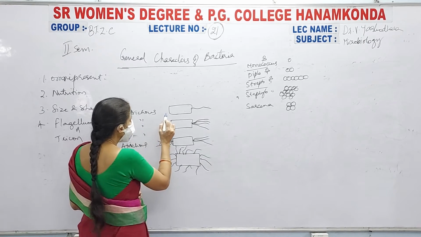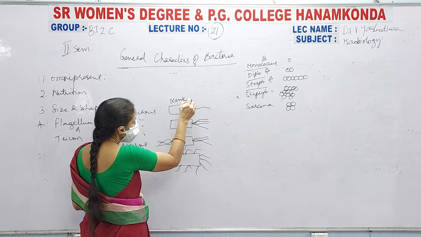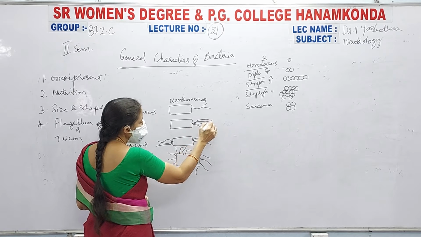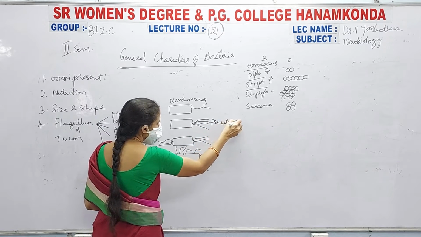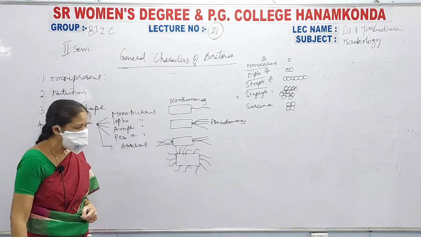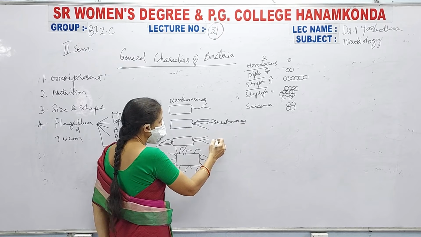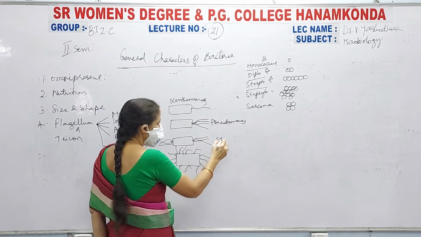Now, for monotrichous, Xanthomonas is the example. For lophotrichous, it is Pseudomonas, and for amphitrichous it is Streptococcus albus.